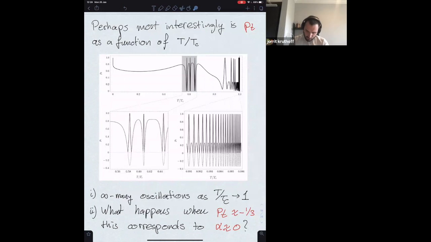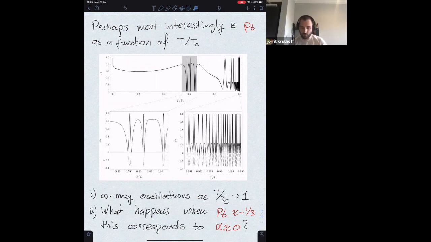But something interesting also is what happens down here. The inversion would tell us that this point, minus a third, gets mapped to 1. But PT equal to 1 means that there's a regular inner horizon.